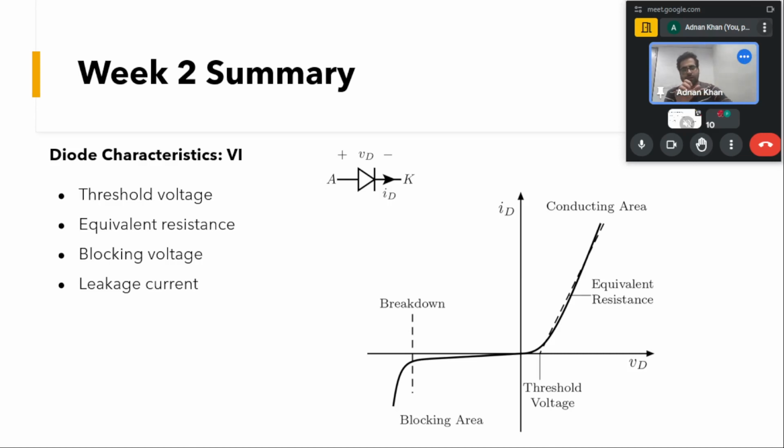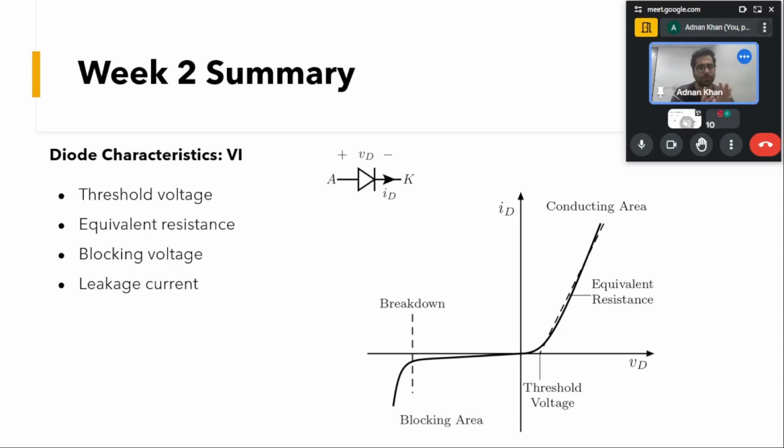Now in the forward bias mode, when we apply zero voltage across it, it won't start conducting. Then if we increase the voltage slightly, like the first 0.1 volt, you will still see there is no conduction through the diode. The diode won't start conducting until it reaches the threshold, the voltage where it is able to overcome the barrier potential.